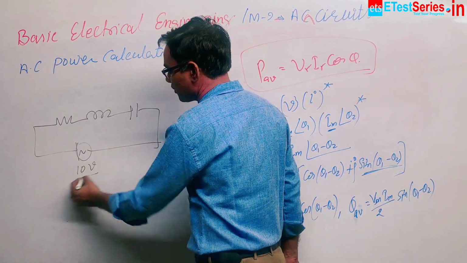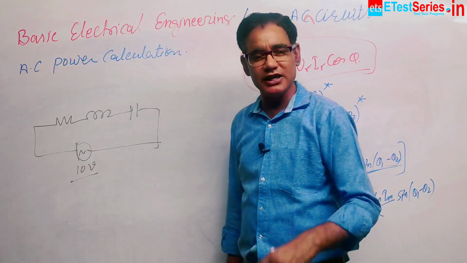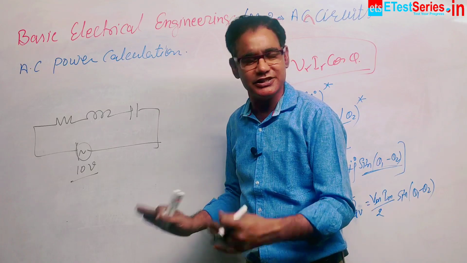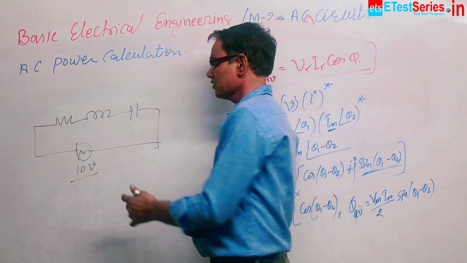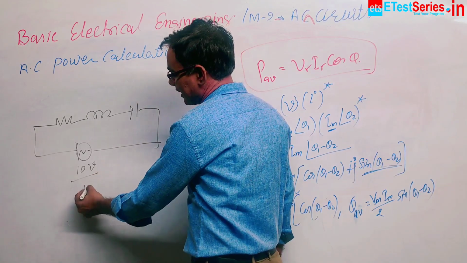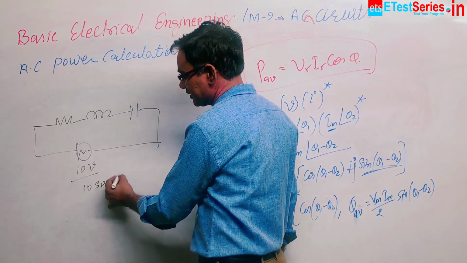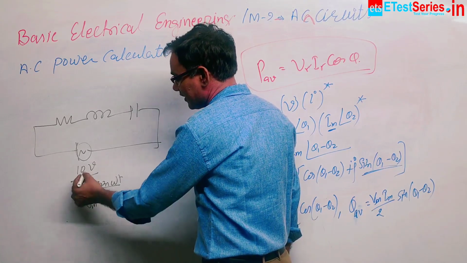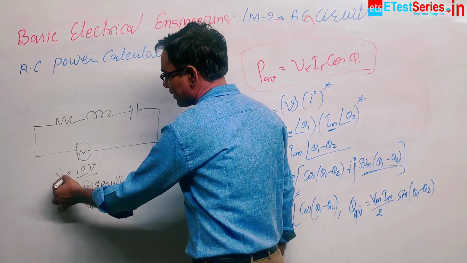If the voltage is given like this, it is the RMS value; otherwise it is given with sine and cos terms, like V sine of omega t. When it is given in terms of sine omega t, then it is the V maximum. When it is given like this, it is the RMS value.